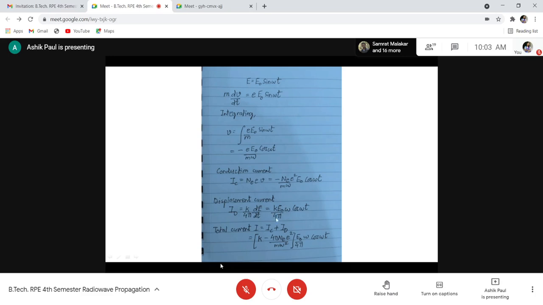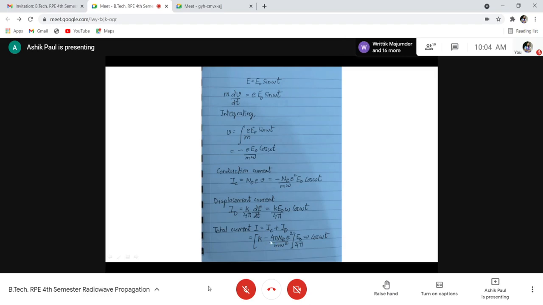This entire term, the product of these terms, we are taking outside the bracket. So within the bracket, we get K minus this term multiplied by 4 pi and these things. So it becomes K minus 4 pi Ne into E square by M omega square.